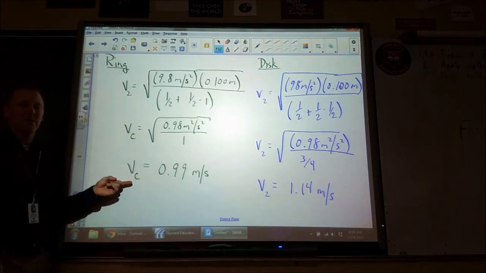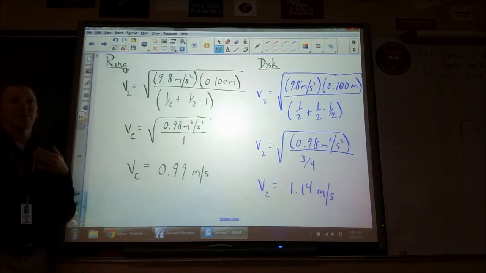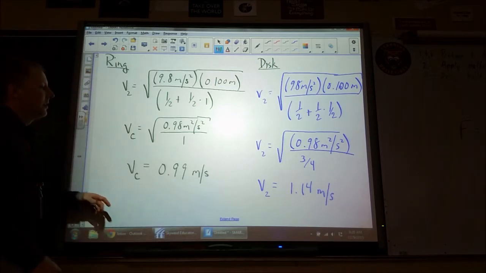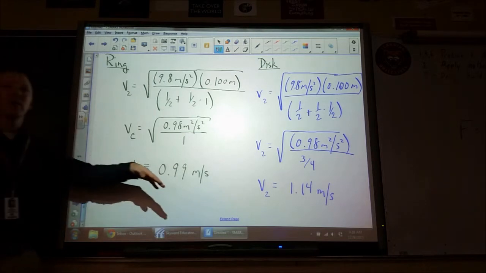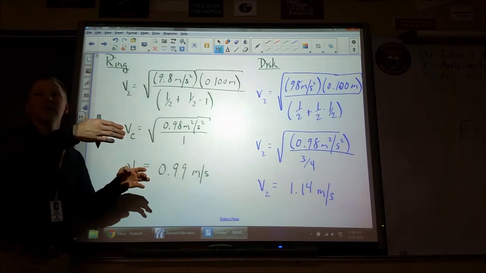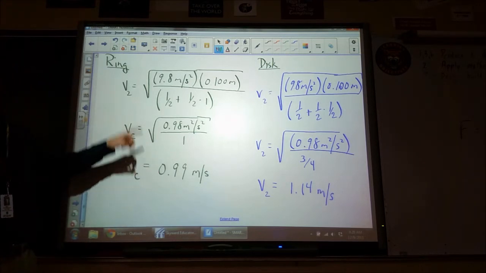The disk reached the end more quickly, but still less than the 1.4, 1.45 predicted, because that would have been something where all of its energy went into translation. So what we're seeing here is that we started out with a bunch of potential energy. Previous to this, we would say all of that went into a translational kinetic energy, just getting something to move. But now it's split between that and getting something to rotate.